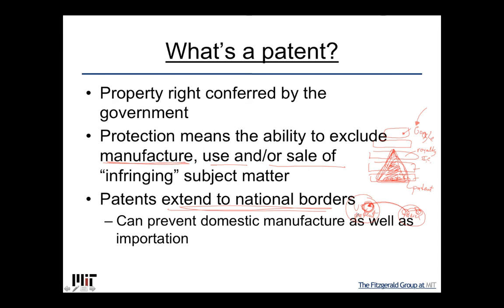The reason is that the U.S. is the largest market, so the default might be at least having U.S. patents. It's one of the largest markets in the world, and you can at least protect that market.